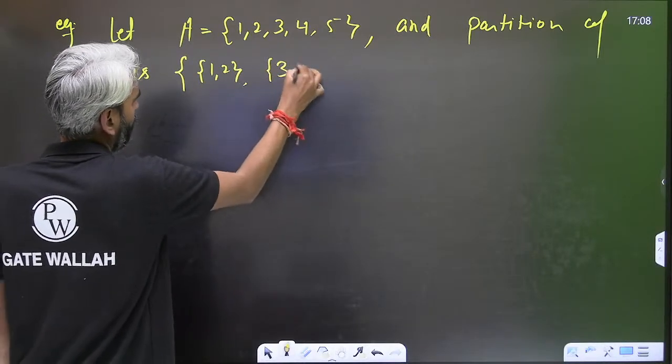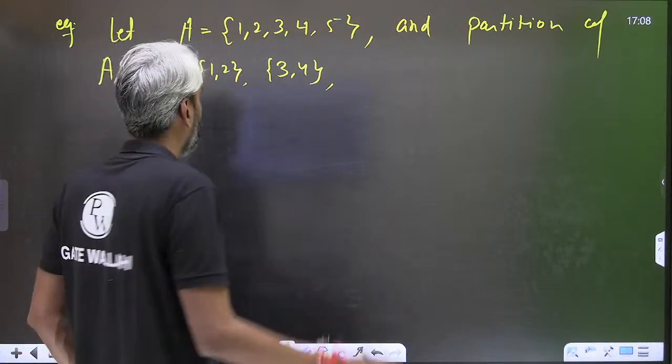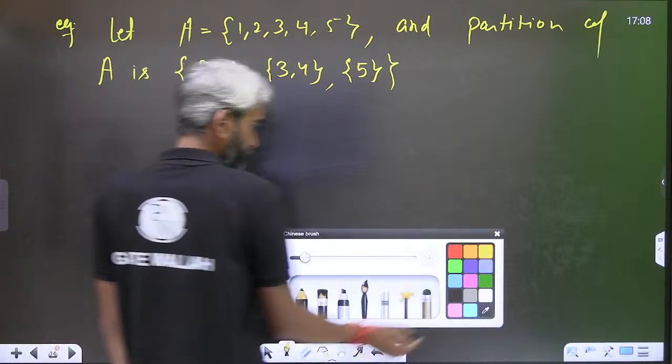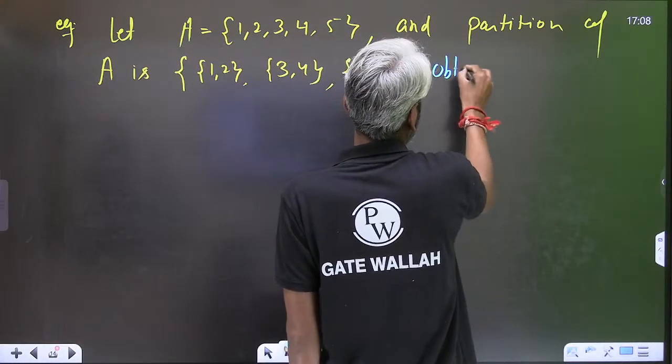I'm taking the same partition which we have just created with respect to the above equivalence relation so that you will be able to cross check. Let us obtain the equivalence relation.